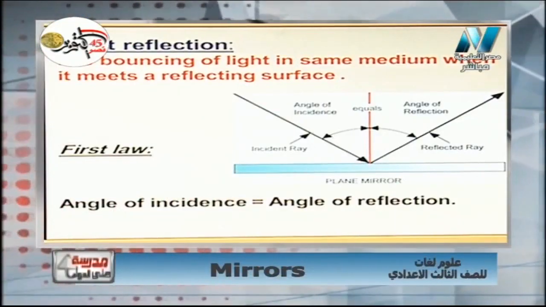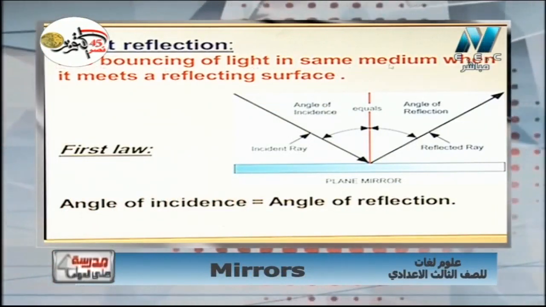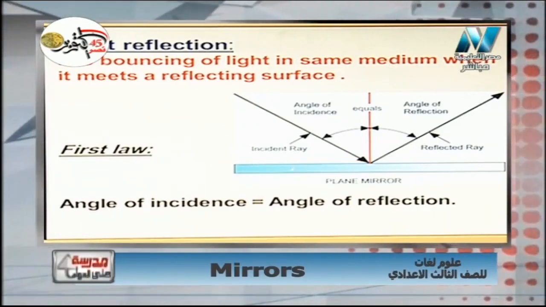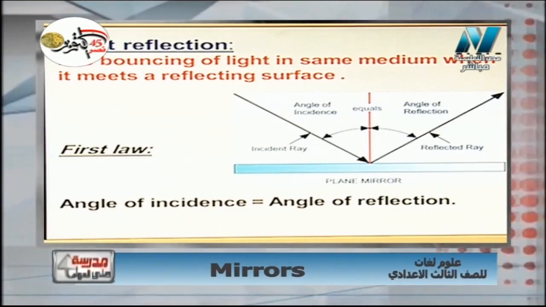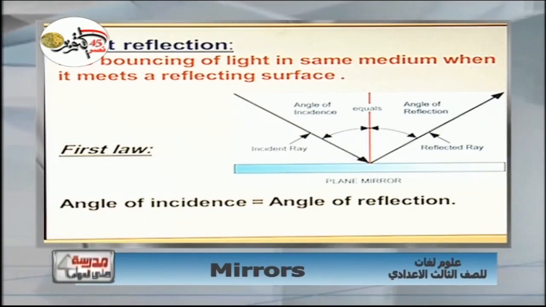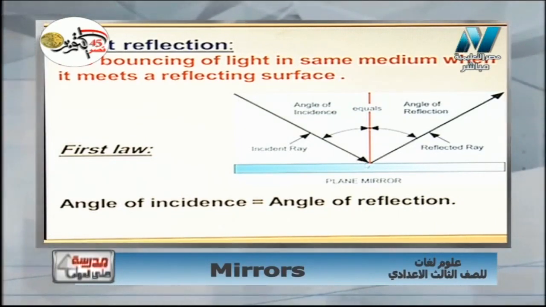We are going to describe this image together and find its properties. But before describing our image, we are going to say the property of the reflection, or the law of reflection. Let's see it together. What's meant by light reflection? It is bouncing of light in the same medium when it meets a reflecting surface. This is the plane mirror. This we call the incident light ray. What's the incident light ray? It is the light that falls on the mirror. It hits the reflecting surface and returns back.